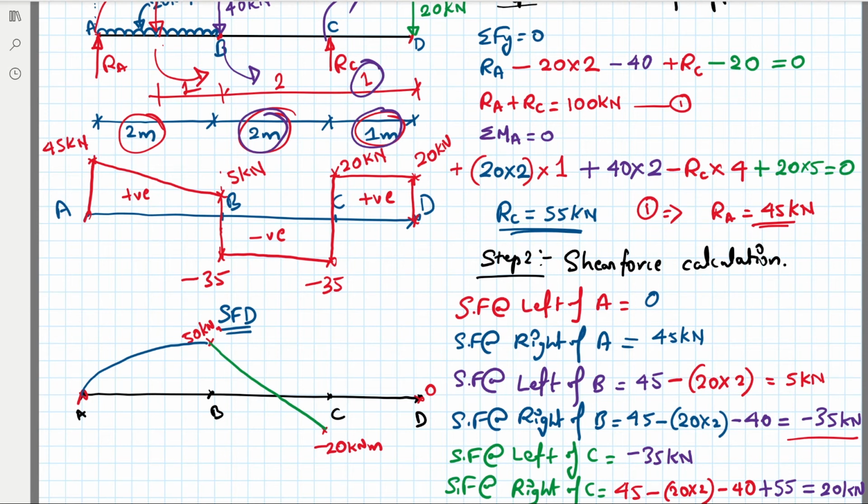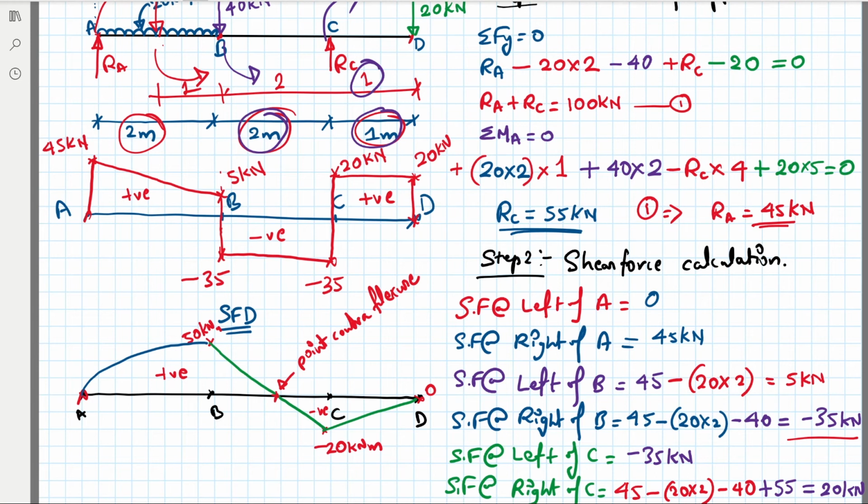Then point C to D is also a slope. So we have a positive value, then a negative value. The point which changes its sign from positive to negative is known as the point of contraflexure.